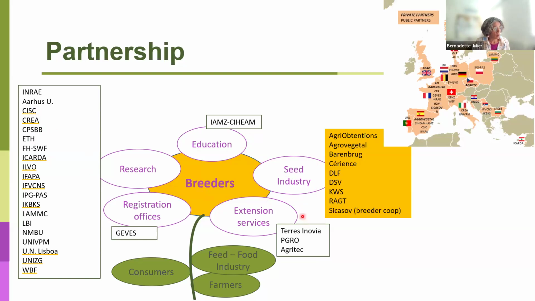And we also have 3 partners who belong to extension services. And this flower has leaves or leaflets on other stakeholders: consumers, feed and food industry, and farmers, even if we are not working directly with these actors within the project. And you can see on the map the countries that have at least one participant in the BELIS project.